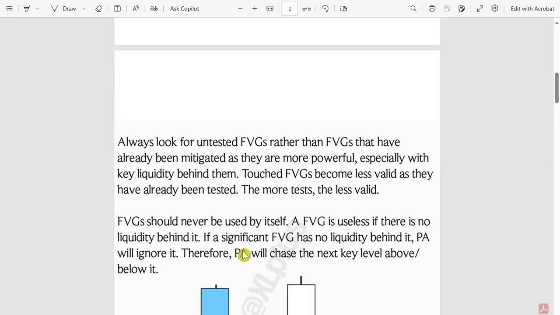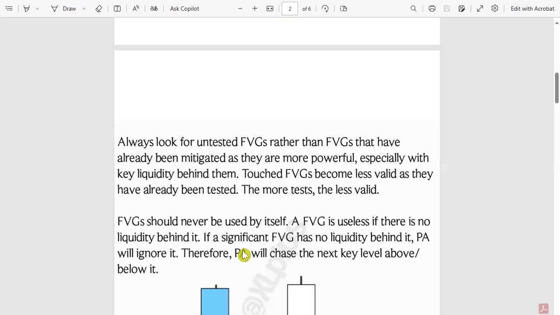So you see the secret here, which means before you have marked your fair value gap and before you wait for price to return back into those untested fair value gaps, make sure there is already key liquidity. Or it can be a liquidity sweep, or a turtle soup has already been formed before price created that aggressive move or formed that fair value gap.